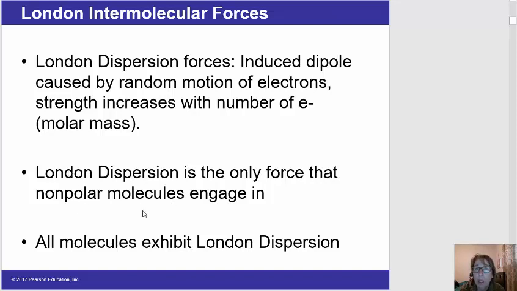So if we have nonpolar molecules, which hydrocarbons are, or the hydrocarbon part of a molecule is, then London dispersion is the only force that those nonpolar molecules will engage in, and all molecules exhibit London dispersion because it depends on electrons, so all molecules have electrons.